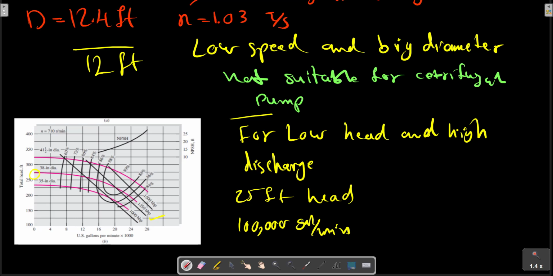This is done by allowing the flow path to move through the impeller with an axial flow component and less centrifugal component.